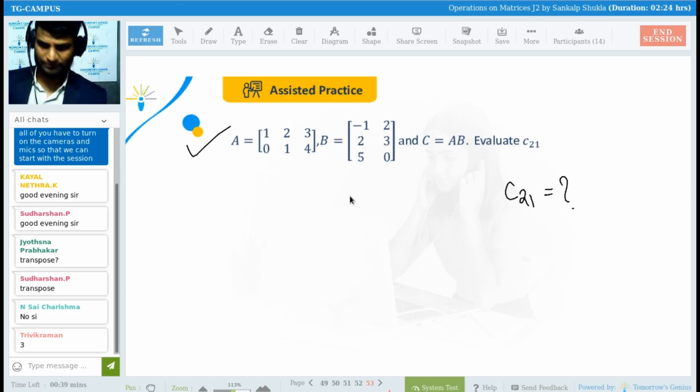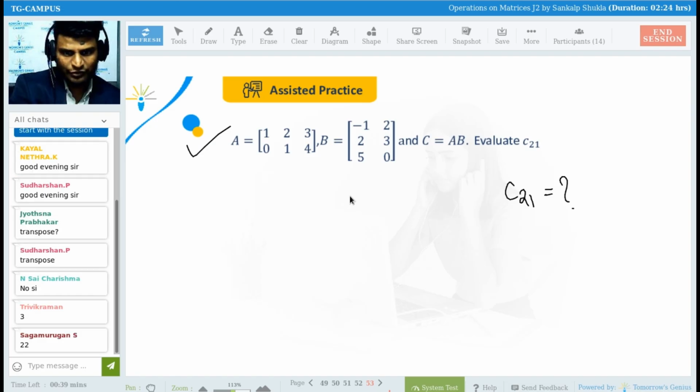Has anybody got the answer? See, again, I'll tell you, you don't have to find the entire matrix. C21 means the element which is present in the second row and first column of the C matrix. So don't find the C matrix, just find that particular element only. C21 is equal to 22.